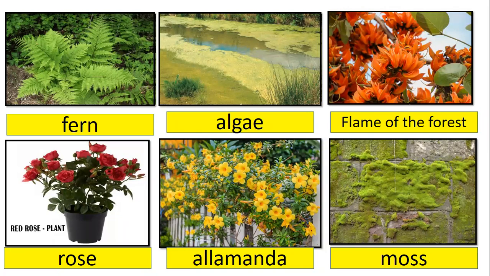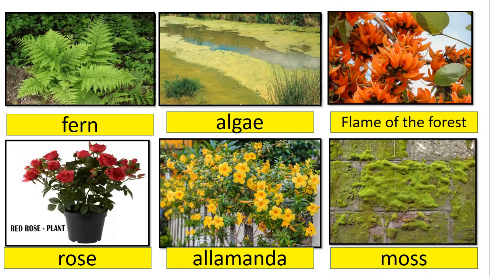It means they can give flower. So again, there are two classifications of plants. Can give flower and cannot give flower, or flowering plant and non-flowering plant. Non-flowering plant means a plant that has no flowers. Okay?